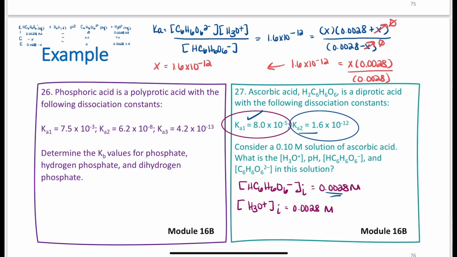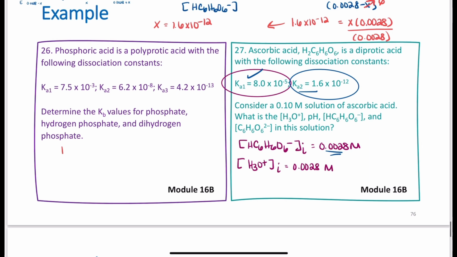And again, check your assumption there. I'm going to write that down here. My assumption, 1.6 times 10 to the negative 12, I assumed it was smaller than 0.0028. It gives me 5.7 times 10 to the minus 8 percent, which means my assumption's valid.